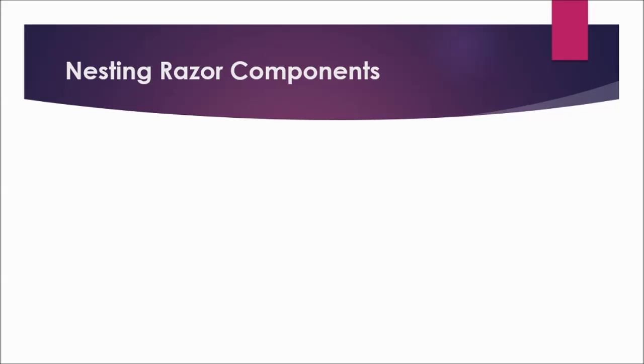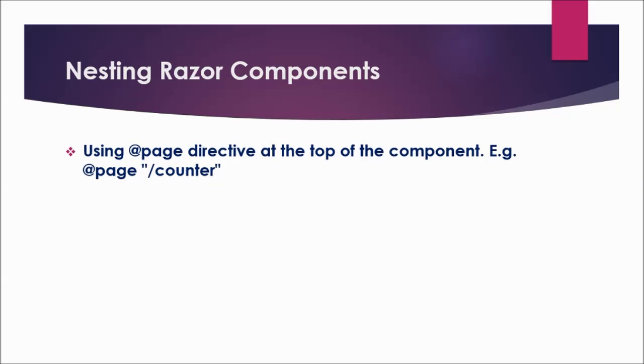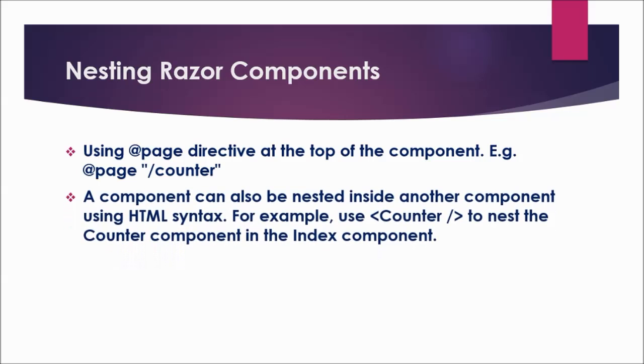Nesting Razor components. By using the page directive, we can add the component. For example, @page "/counter". You can specify the path like /counter. A component can also be nested inside another component using HTML syntax.